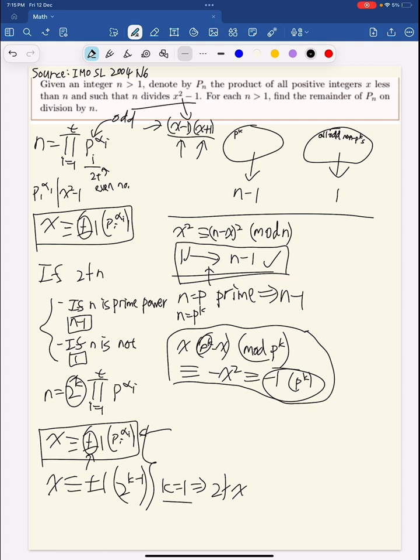Well, for k equals 1, after a bit of calculating, you'll see that the number of numbers that satisfy this is just this gives 1, this gives 2 each.